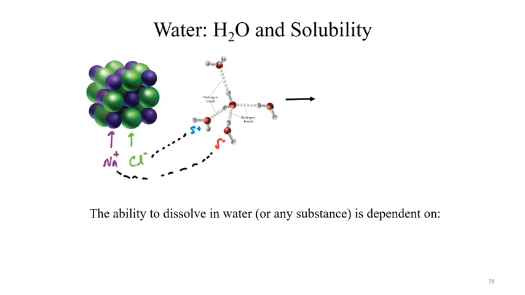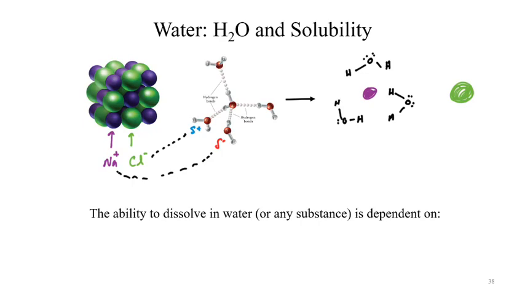And so what that ends up doing is ripping the sodium ions away from the chloride ions, and we have thereby broken an ionic bond. This is one of the reasons why I said earlier in the semester that the dissolving of salt is a chemical reaction.